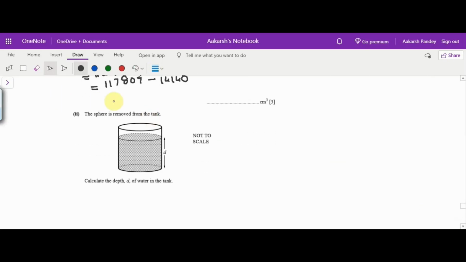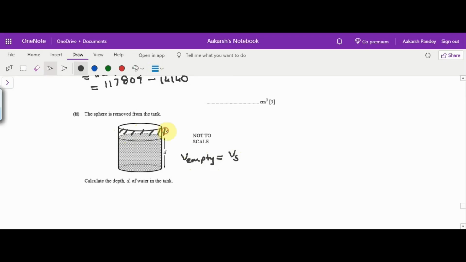Now the sphere is removed and we get that the volume now just covers a height d. Because the sphere is removed, this portion which is empty at the top of the cylinder will have a volume equal to the volume of sphere. So volume empty is equal to volume of sphere.